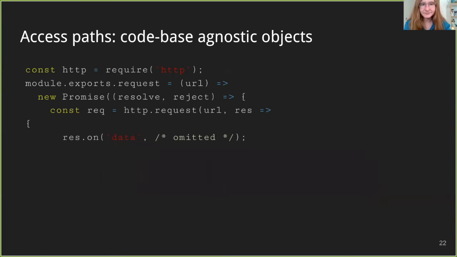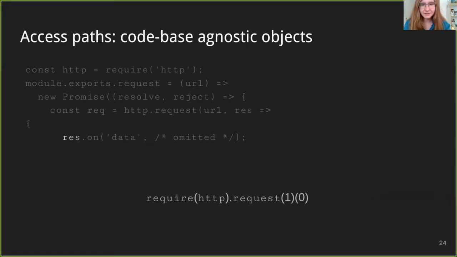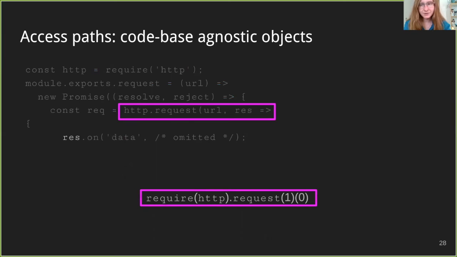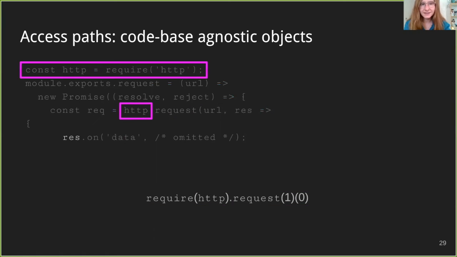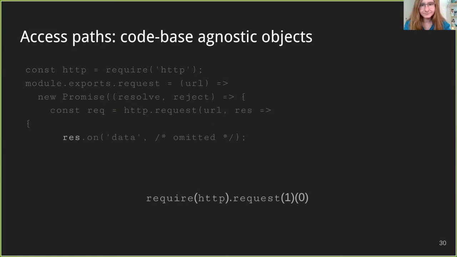If we look at the server response object from the last example, this is the access path that represents it, and we can see why. This is the first argument to the second argument to the request call on the import of the HTTP library. So it's always rooted in the import, and the HTTP object is just the variable that stores the import of the library.